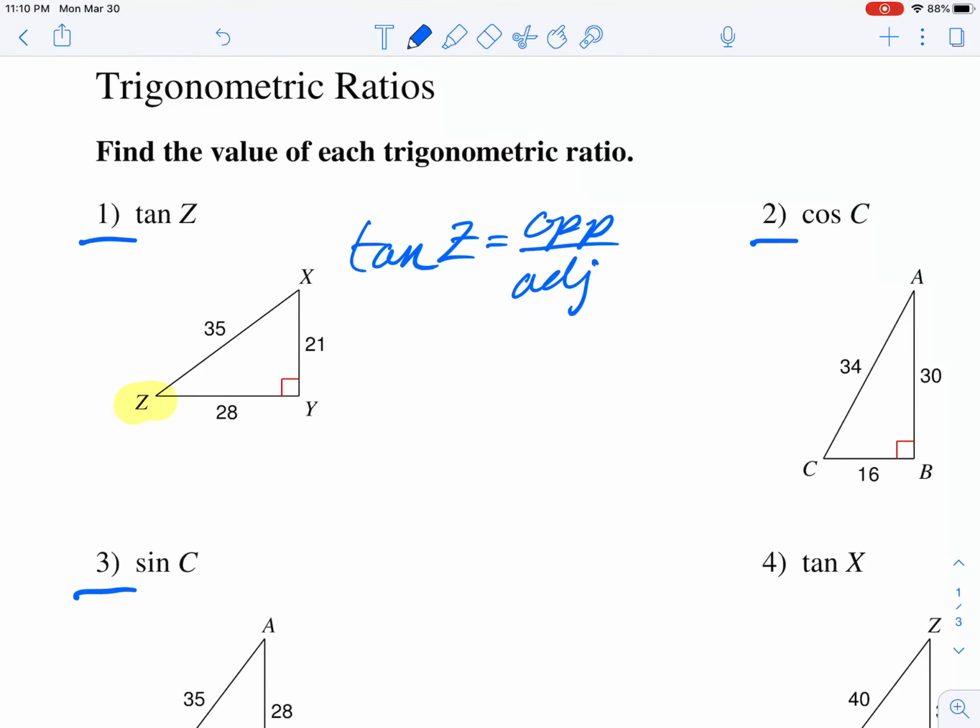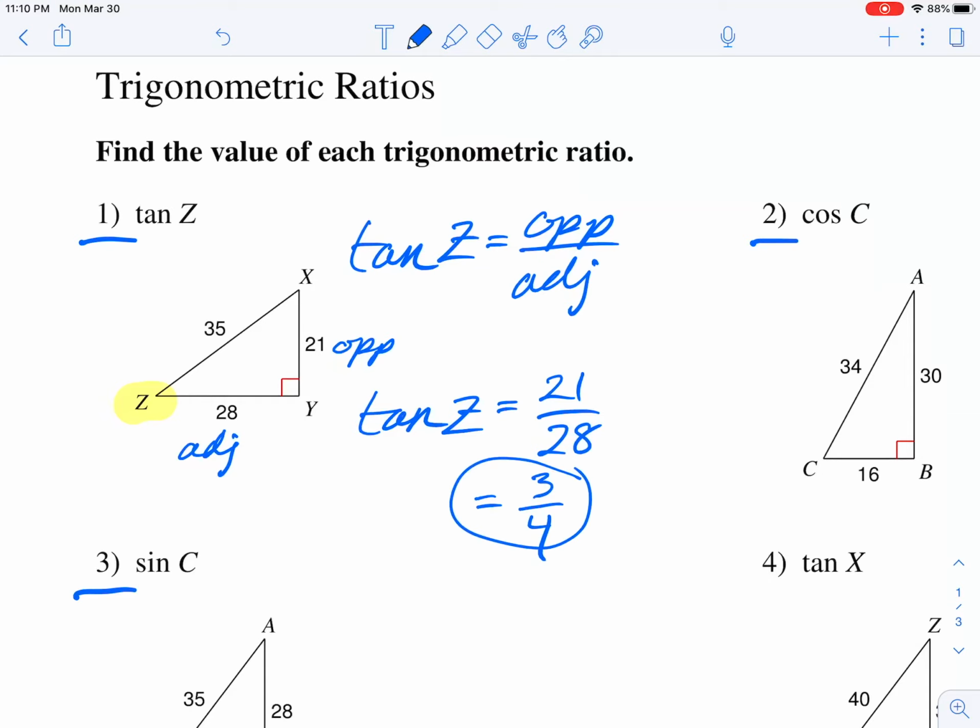In this case, the opposite side is 21, the adjacent side is 28. So the tangent of Z is 21 over 28, and of course, we simplify that. 21 is 3 times 7, 28 is 4 times 7, so this is 3/4.